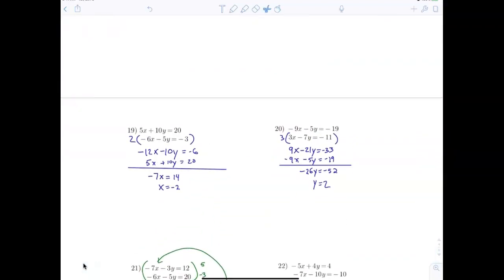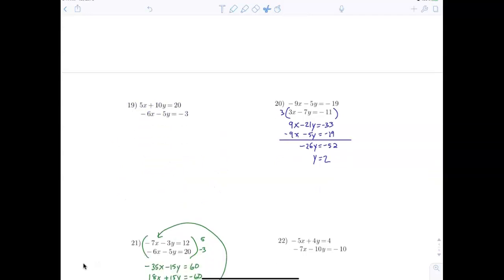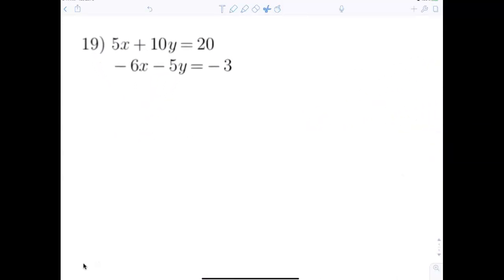All right, everybody take a look at 19. Now, everybody look closely on 19. Do I have to multiply both equations this time? No. I can just multiply the bottom by 2. However, if you said, can I just multiply the top by 6 and the bottom by 5, would you be right?